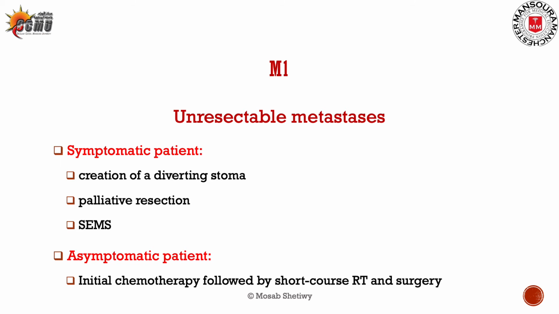As for the asymptomatic patient with unresectable metastasis, there's no role for surgery first, so we give chemoradiotherapy, and if the metastasis disappear, then he may benefit from resection of the primary.